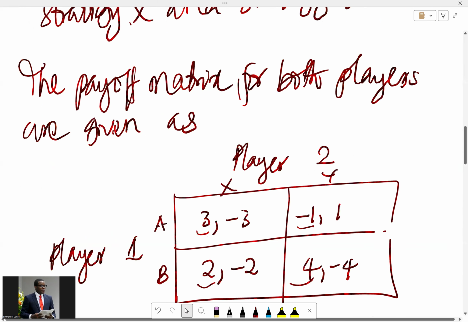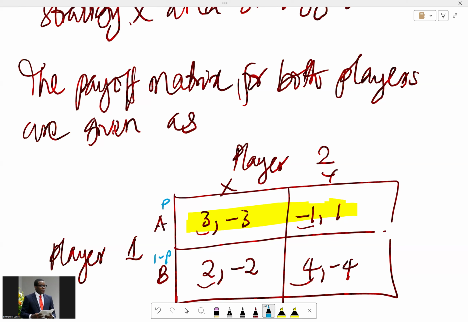So if we focus on strategy A now, with probability P, this is going to happen. And with probability 1 minus P, this is going to happen for player one. Then this happens with probability Q, and this happens with probability 1 minus Q. That's basically what's happening here.